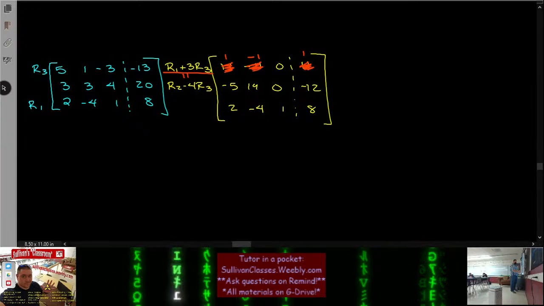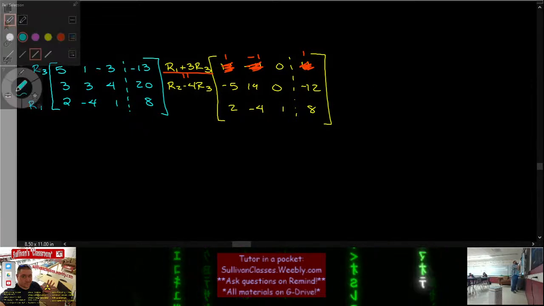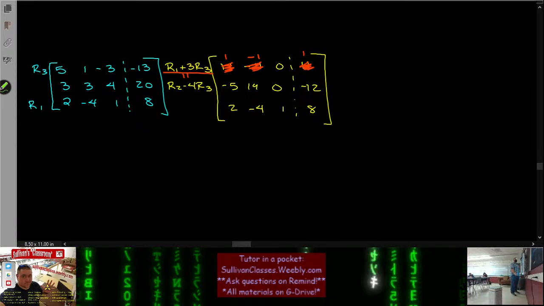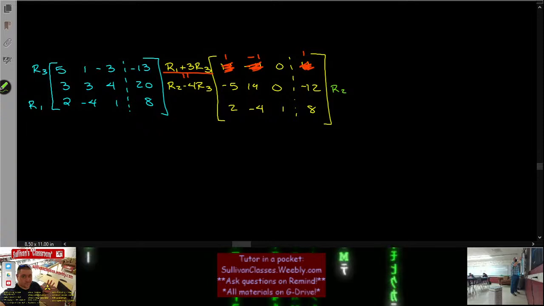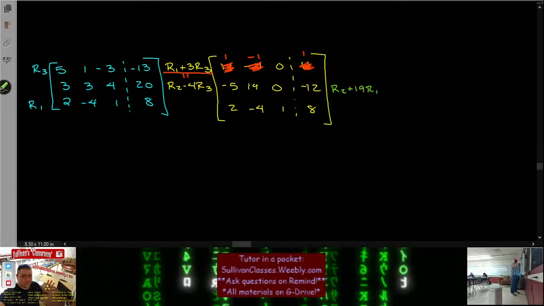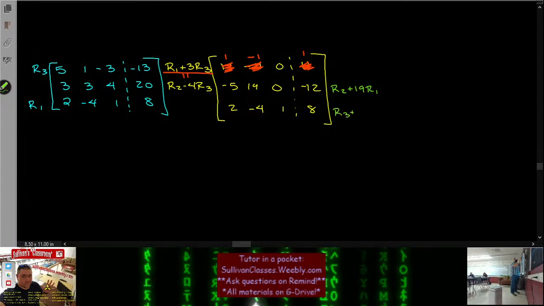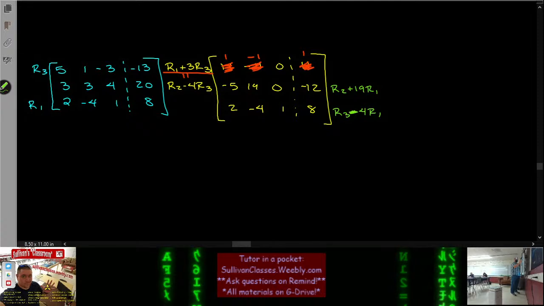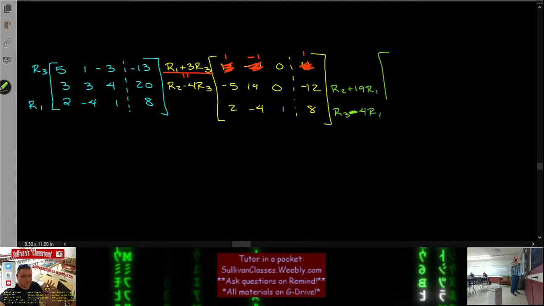Let's get some space to write here. So now I can say row 2 plus 19 row 1s, row 3 plus 4 row 1s, oh wait, minus 4 row 1s.